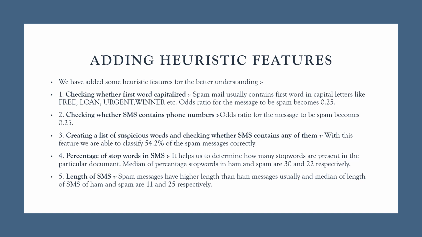And by using the list of suspicious words, whether those are there in the SMSs, we saw that we will be able to classify around 54.2% of the spam messages correctly. We also noticed that the length of the SMS which are spam were greatly higher than the length of the ham messages.